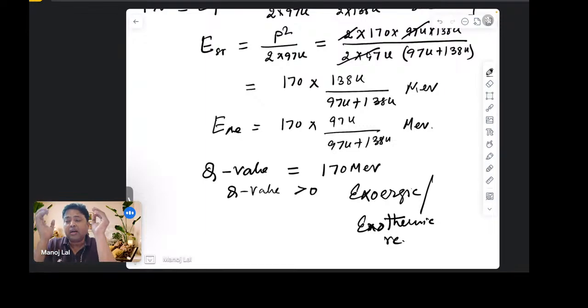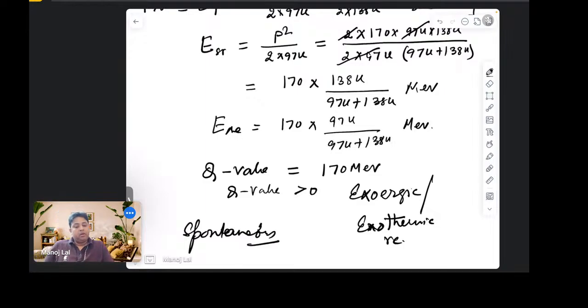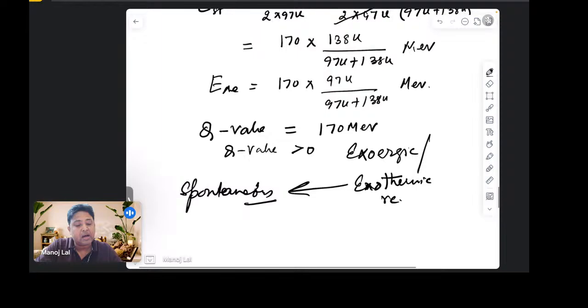So the exoergic interaction is where the Q value is positive. Very low initial energy is needed, and we get a lot of energy in the form of products. So this reaction is spontaneous, because an exothermic reaction is spontaneous, as a lot of energy is involved.